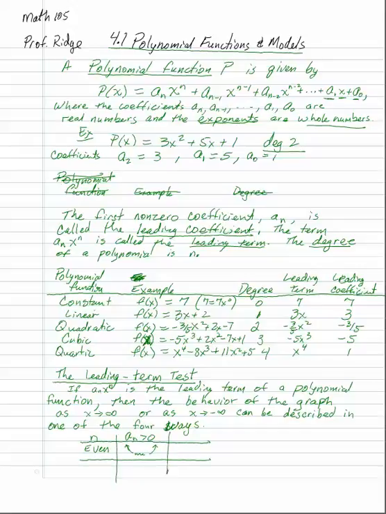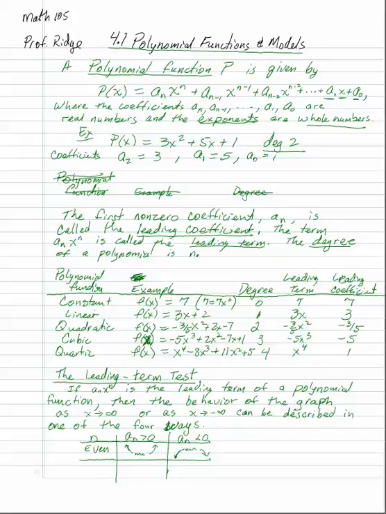And then if the leading coefficient is negative and the degree is even, both ends are going to go down. And again, the middle, we don't know what's going on in the middle, but the ends are going down for sure.